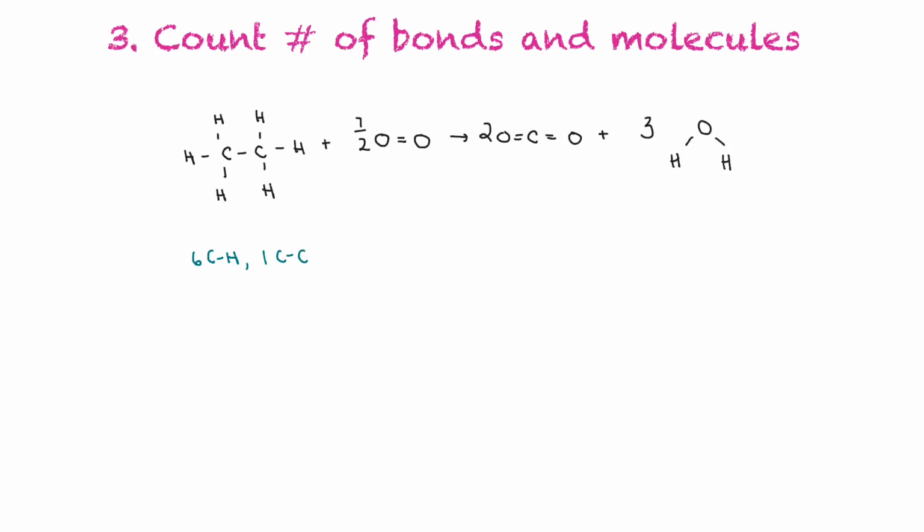Over here, we have 7/2 times 1 oxygen-oxygen double bond. And over here, we have 2 times 2 carbon-oxygen double bonds. And then we have 3 times 2 oxygen-hydrogen bonds. So now we need to use that to solve our equation.